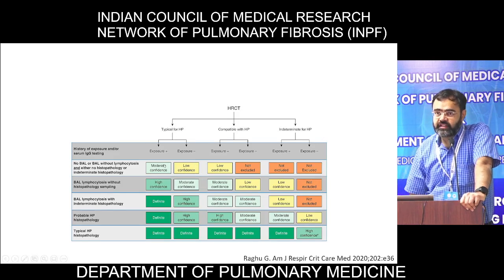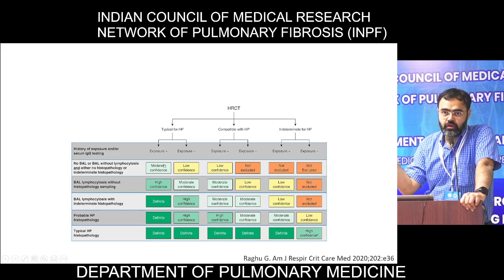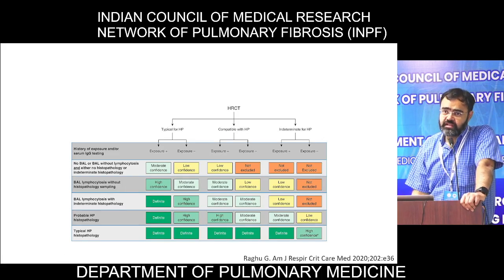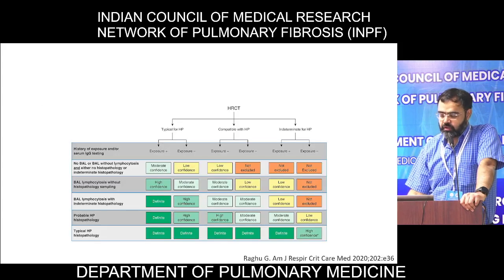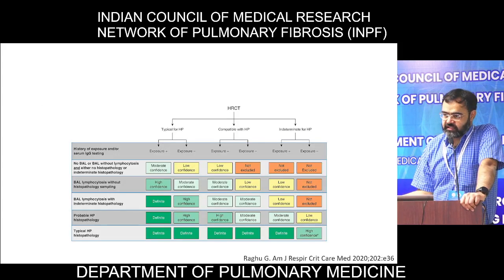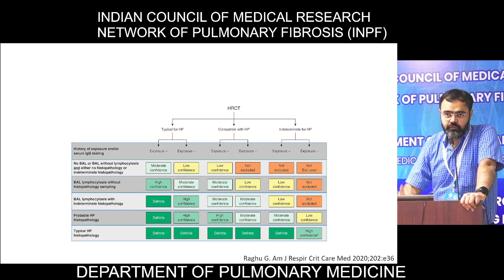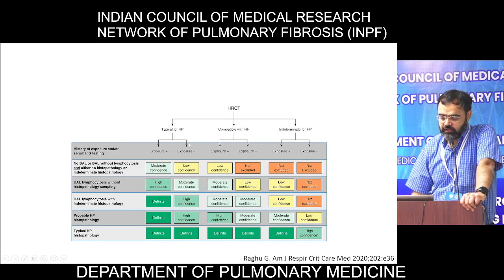So I would say go for at least a moderate to high confidence diagnosis or a definite diagnosis. A low confidence diagnosis is not preferred because sometimes other diseases which are mimics of HP could give you a picture like low confidence HP. So try to go for a moderate to high confidence in this setup.